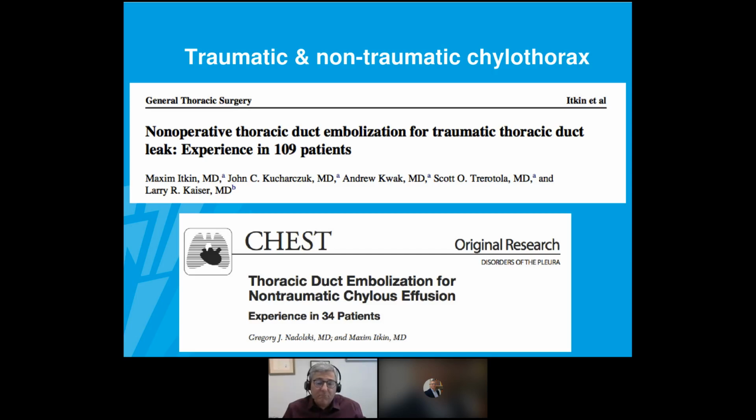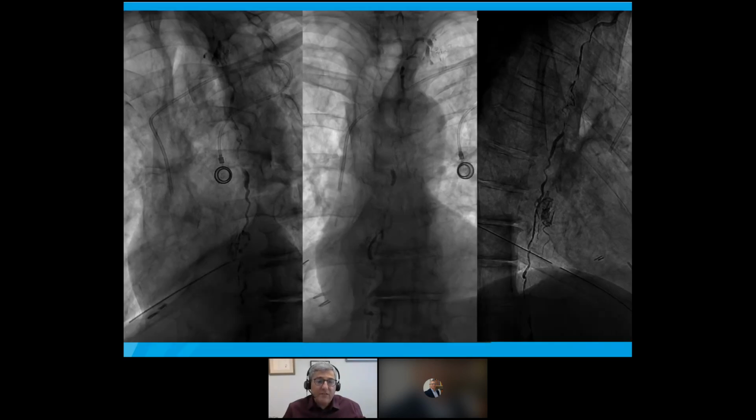Traumatic, in most of the cases, means related to surgery, but you can also sometimes have some non-traumatic chylous effusions, and the technique for diagnosis and treatment is more or less the same. As I already said, you can do an intrapedal access, or nowadays we do more and more intranodal access from the groin.